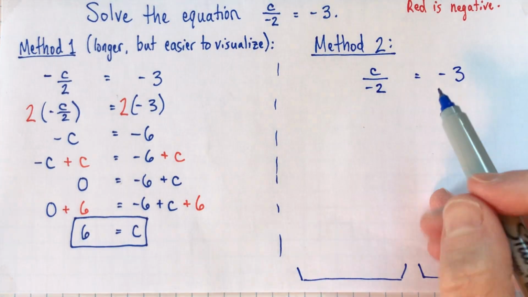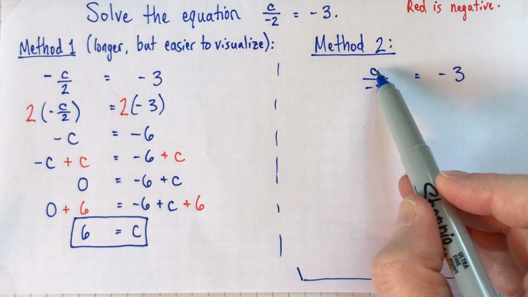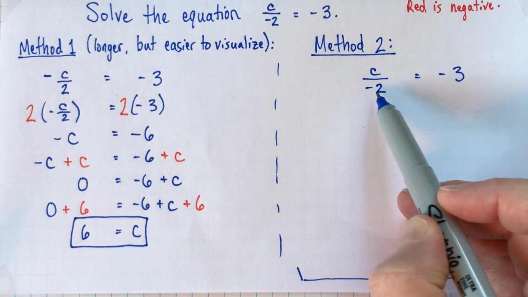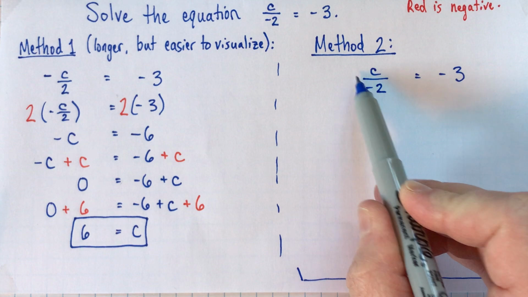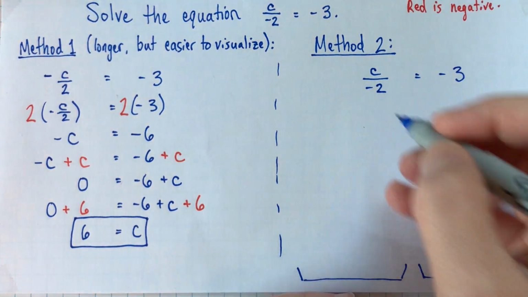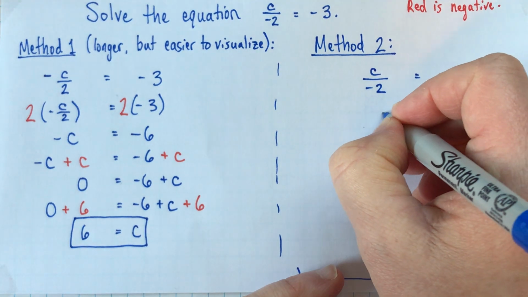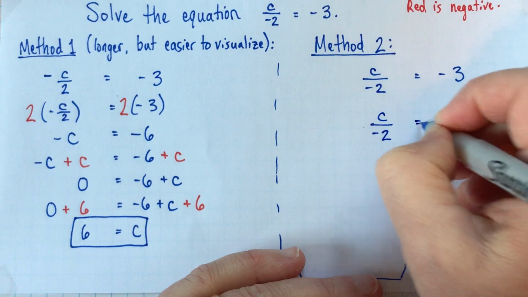What this method depends on is just reasoning about opposite operations. If we have c, we're dividing it by negative 2. If we multiply it by negative 2 now, then dividing and multiplying by the same number are opposites, so they undo each other. So that is useful, because then we'll sort of get rid of the negative 2.